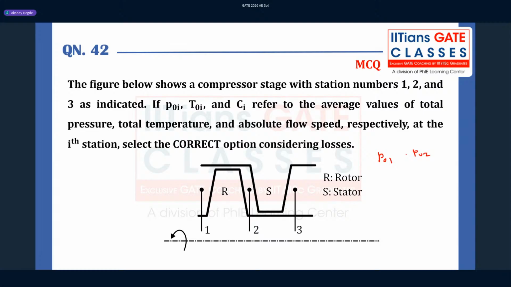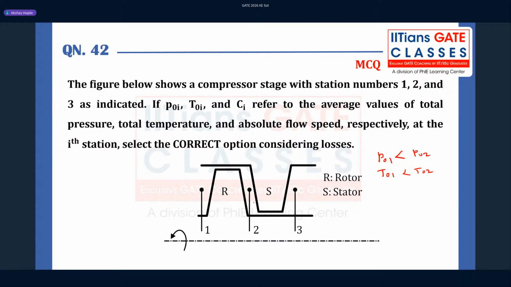Or in ideal condition it is isentropic. So in any case, we are going to see P01 that was less initially. Similarly, temperature also. This happens because we are adding external energy to the system, right?